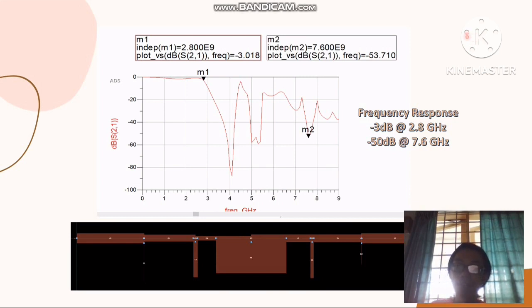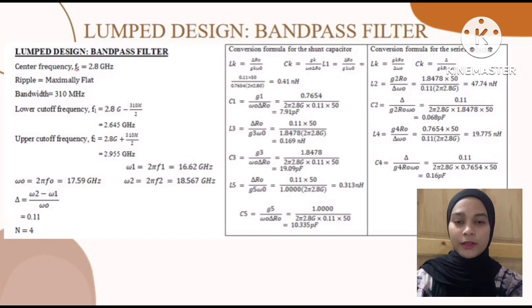Thank you. And then I will present task 2, which is designing the lump circuit for band pass filter. The center frequency that is given is 2.8 GHz with 310 MHz bandwidth and maximally flat. We start by figuring out the F1 and F2 for the provided center frequency.